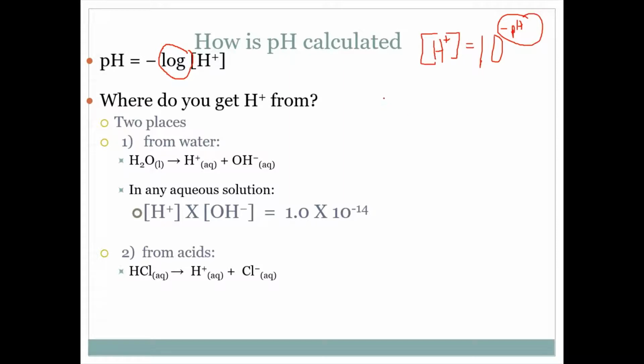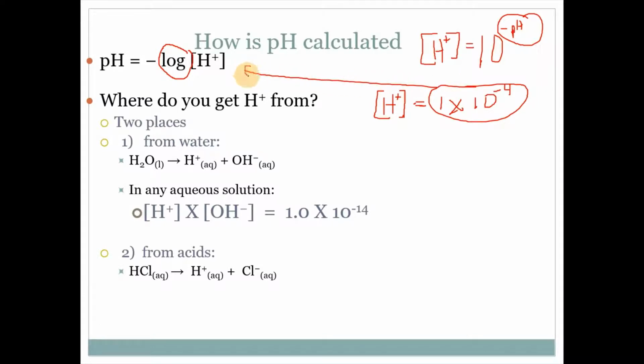So if the hydrogen concentration of a solution, let's say you have an acid solution that produces a concentration of 1 times 10 to the negative 4, then if you take this number right here and you plug it into this equation and you take the logarithm of 1 times 10 to the negative 4, really what you're going to get is negative 4.